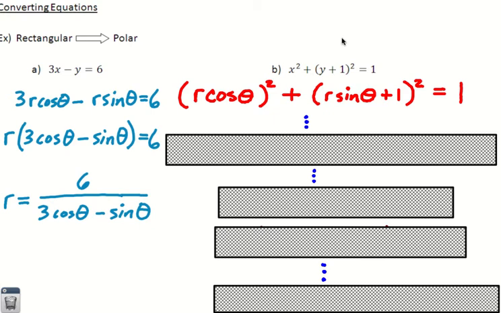It might actually be a better strategy to FOIL this first. Resist the urge or just hold off on replacing the x with r cosine and the y with r sine. It might be better, I guess it would be up to you, to FOIL this, y plus 1 times y plus 1. You might find that easier, and then later you could replace any y's you have with r sine.